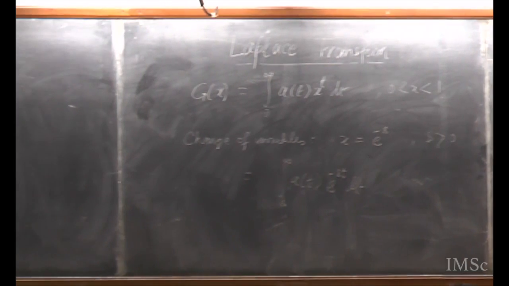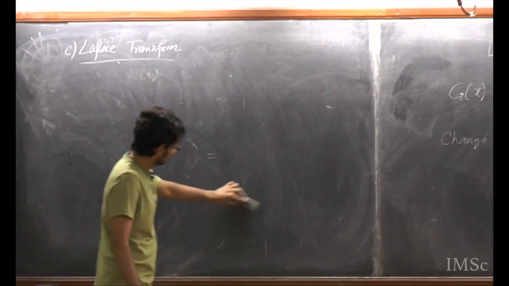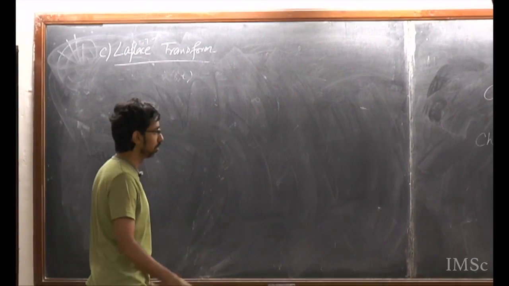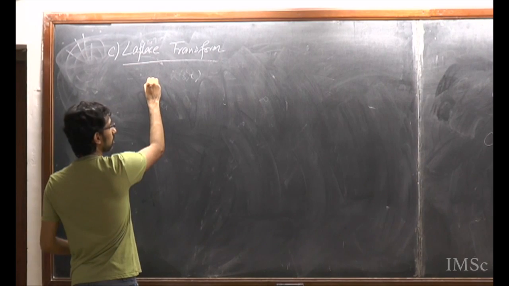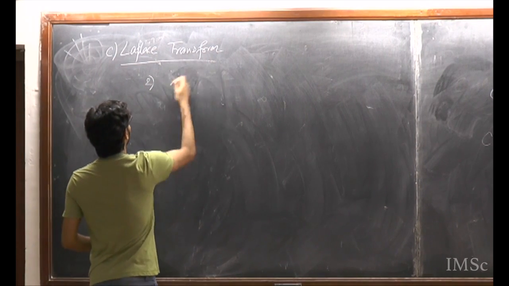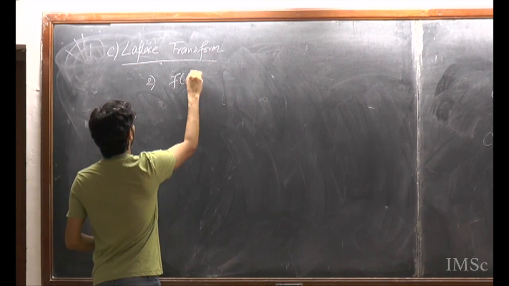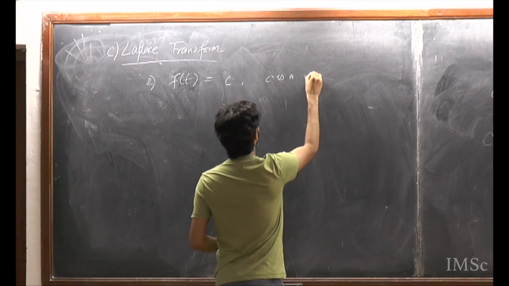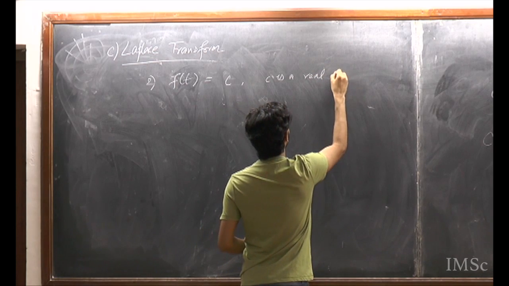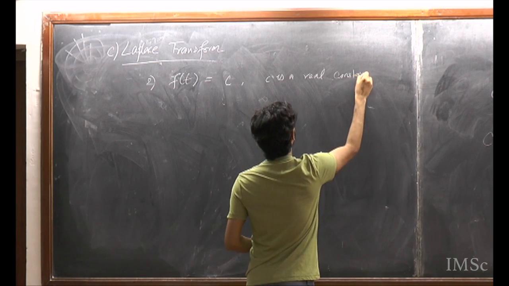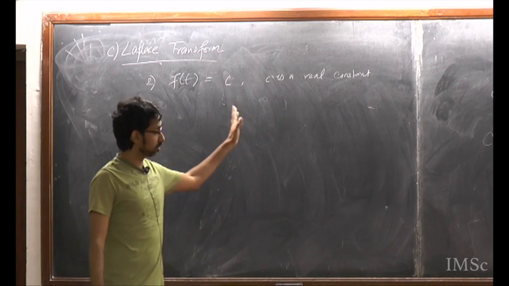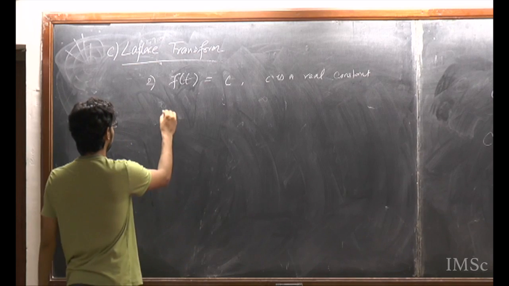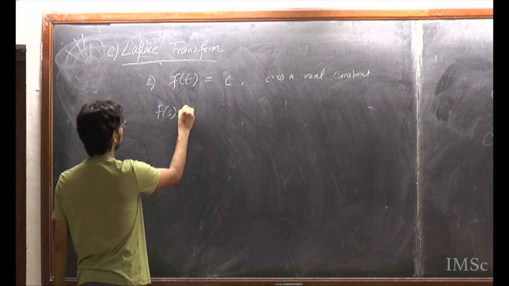Another easy example that one can think of is to have, rather than 0, any real constant. So f(t) is c, where c is a real constant. It could also be complex, but let's just take real for the moment. Then what is F(s)?